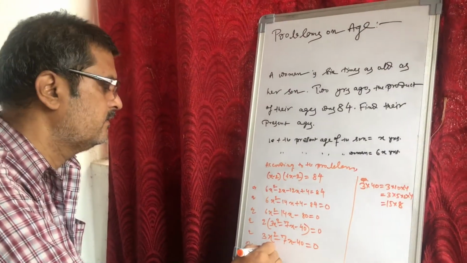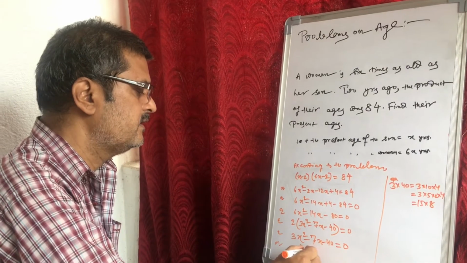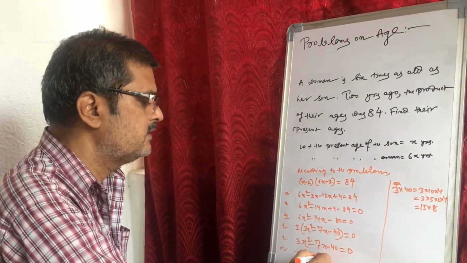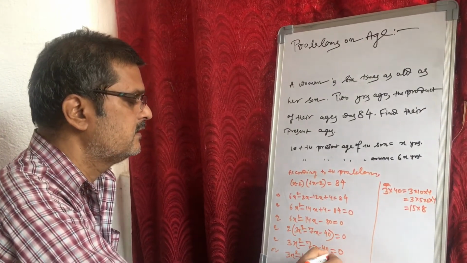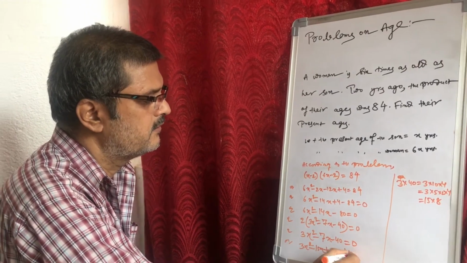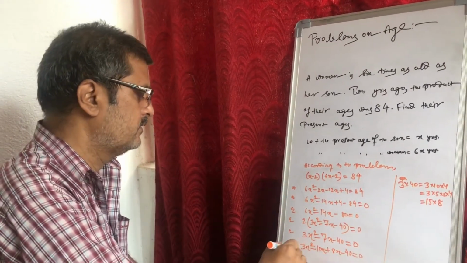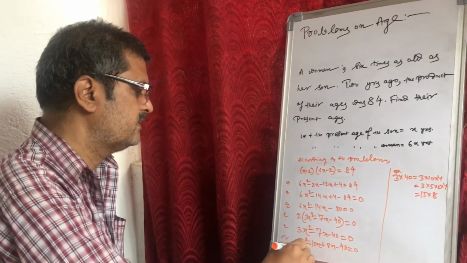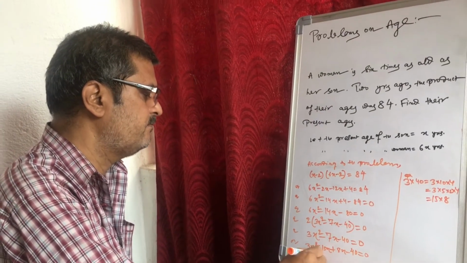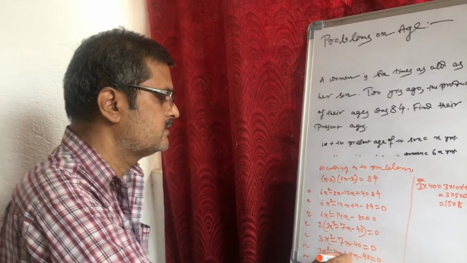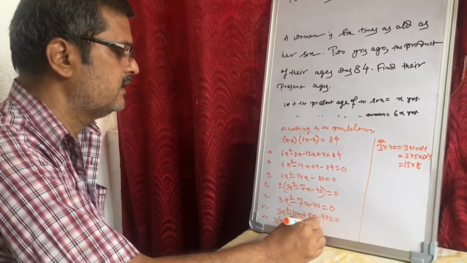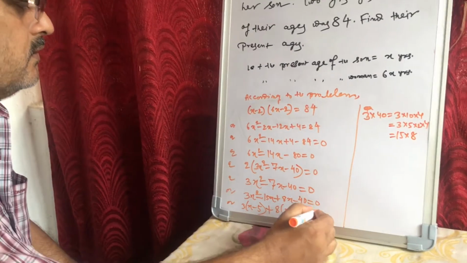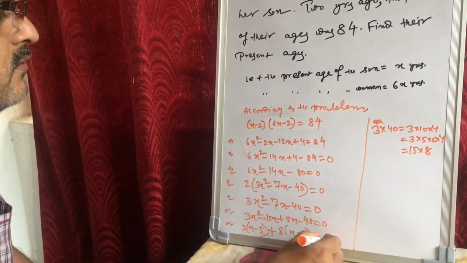So it will be written like this: 3x square minus 15x plus 8x minus 40. Taking 3x common, 3x into x minus 5 plus 8 into x minus 5 is equal to 0.